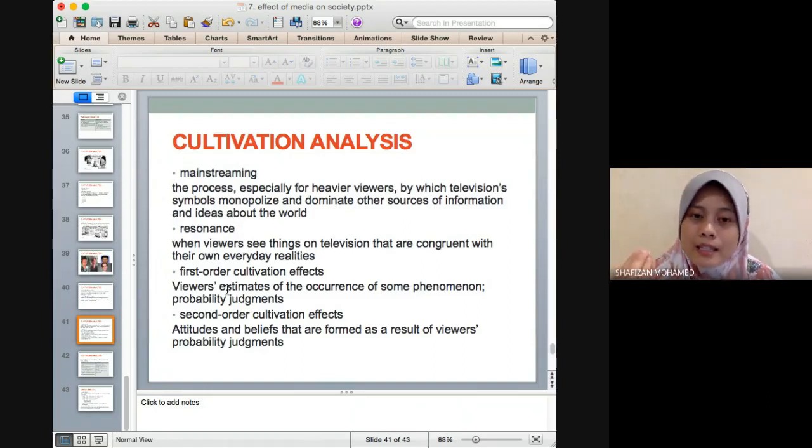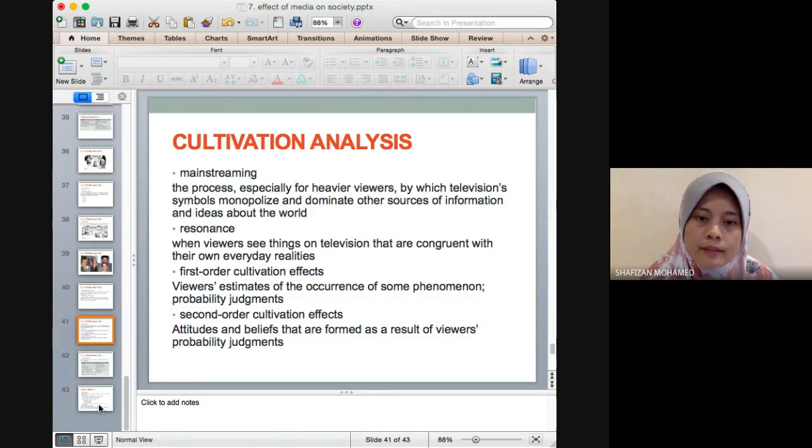The first order cultivation effect is that you start to consume without really rejecting the particular message. It is the second order cultivation effect that is more prominent, which is when you start to change your attitude and change your beliefs to support or follow whatever message is being presented in the media.